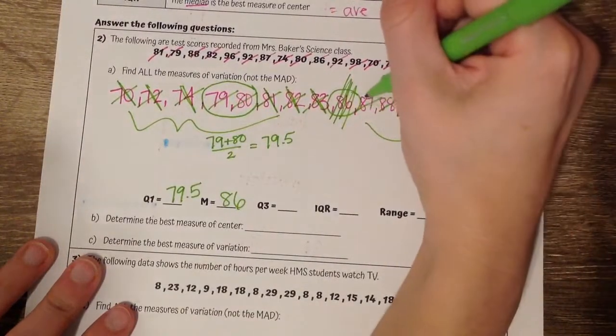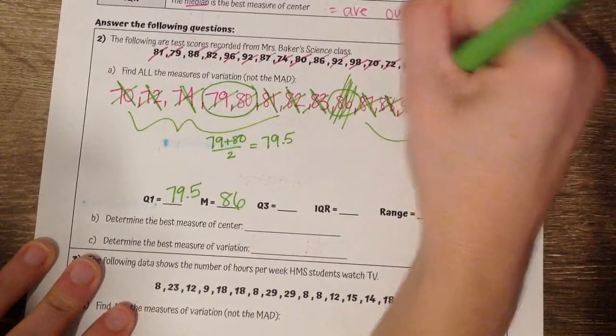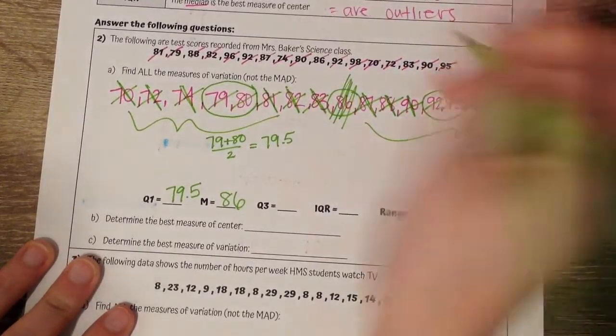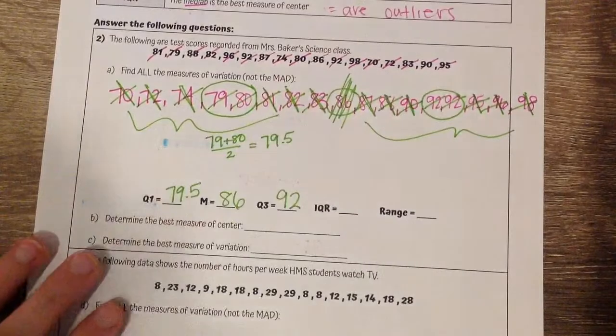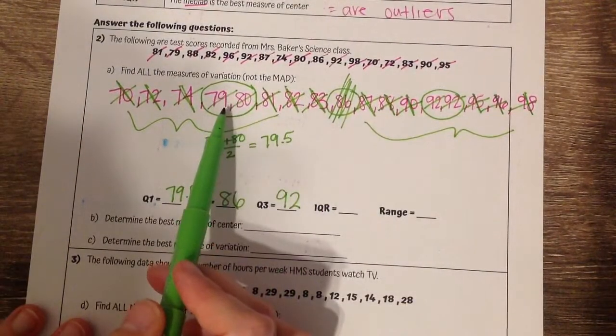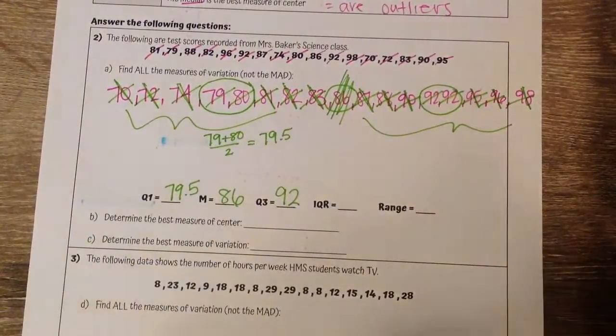Same to the top, crossing off my lowest, highest, lowest, highest, lowest, highest. I have 2 values in the middle. They're the exact same value though, so I know the average of them is 92. Another hint is if you have 2 values for the Q1, you're going to have 2 values for the Q3. If you don't, you did something wrong.